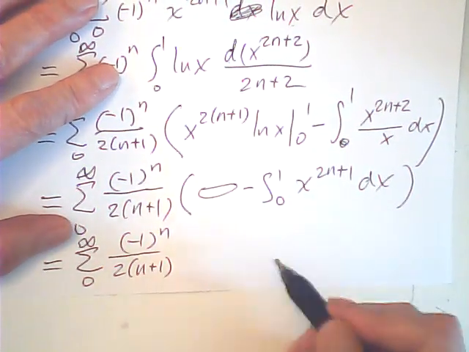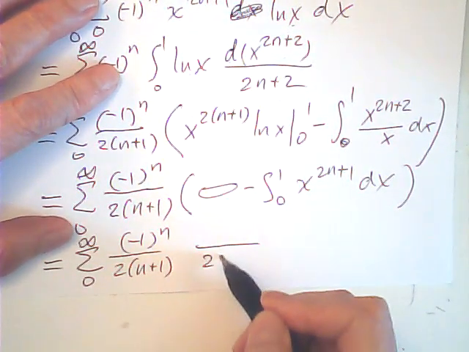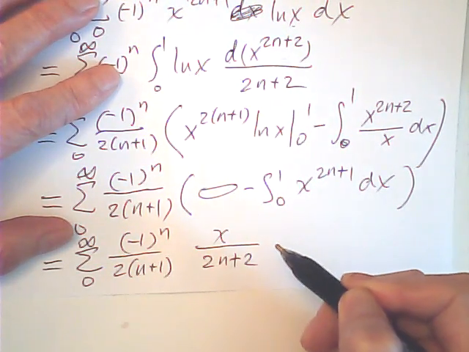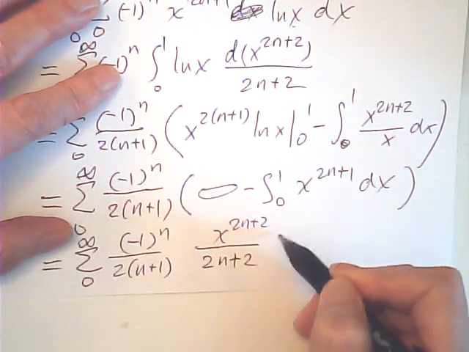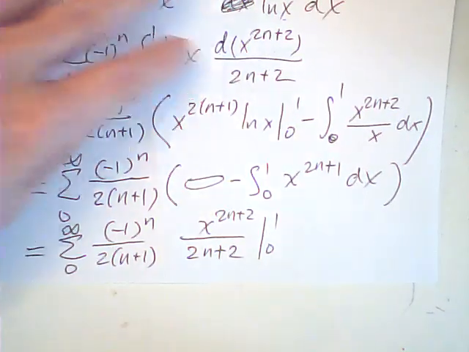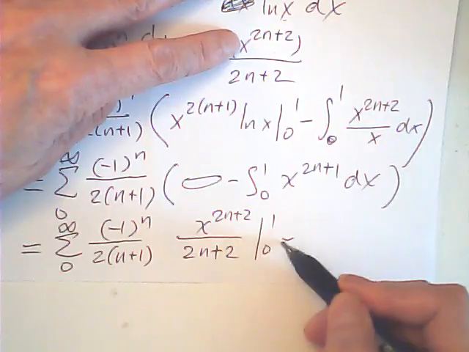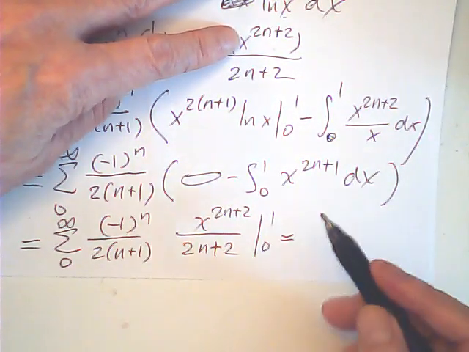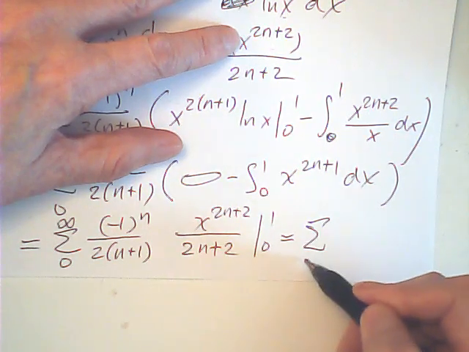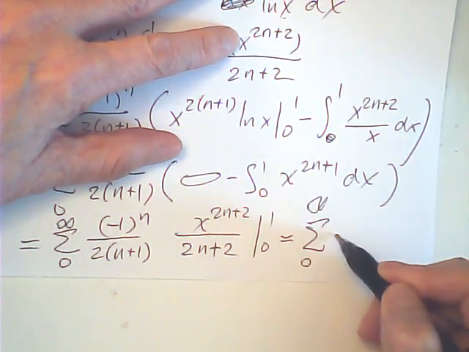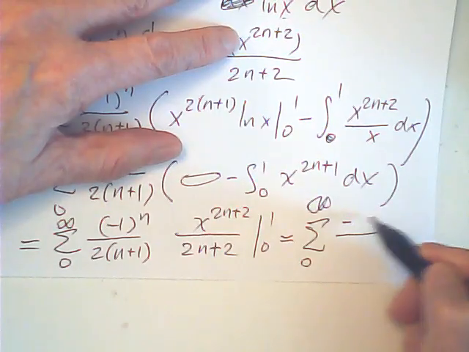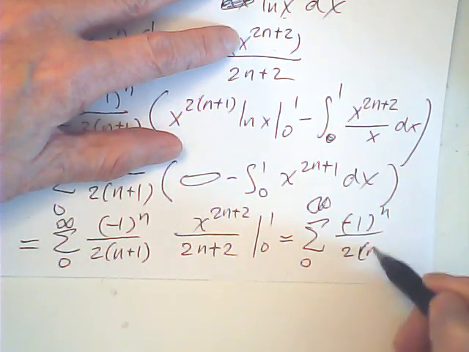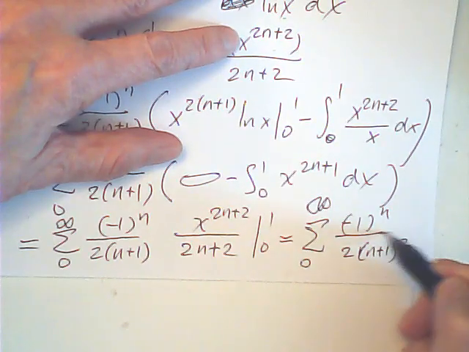That integral is equal to x to the 2n plus 2 over 2n plus 2, from 0 into 1. So it ends up with 1 on top. So it becomes sigma, from n equals 0, of 1 over 2n plus 1 squared.